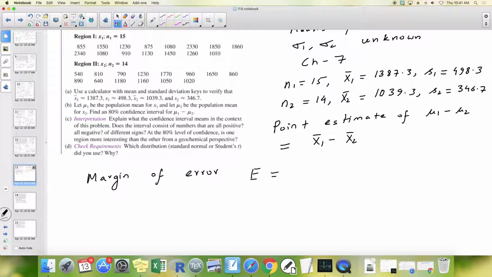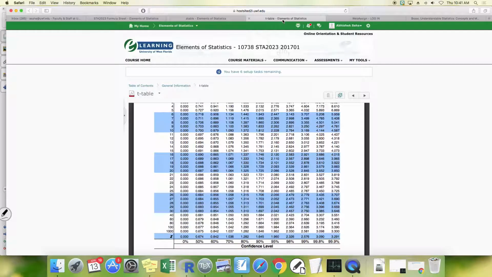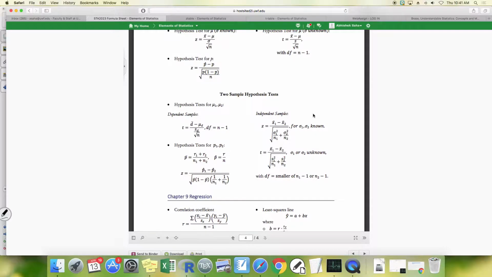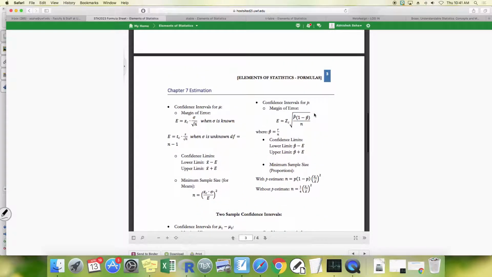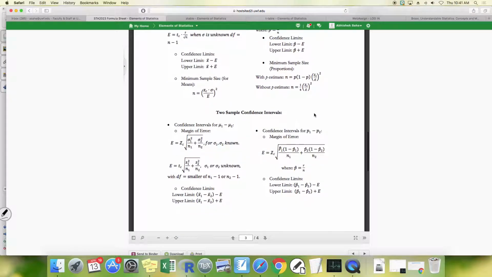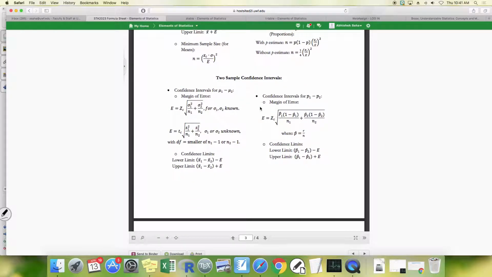Let me look at the formula. So it's chapter 7. Now it's two population, two sample, and it's for mu1 minus mu2, and sigma 1, sigma 2 is not known.